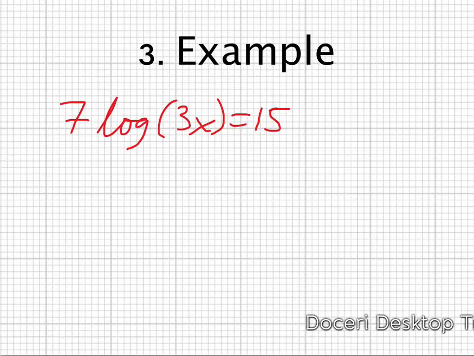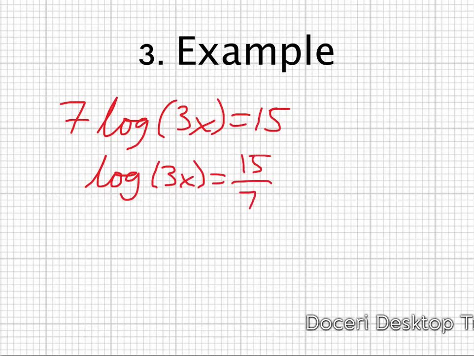So in this example, the first thing you would want to do is isolate the log. Like normal, you would isolate a radical or isolate a square or whatever you can do to get it by itself. So the first thing we're going to do is divide both sides of the original equation by 7. So what happens is we get log of 3x equal to 15 divided by 7.